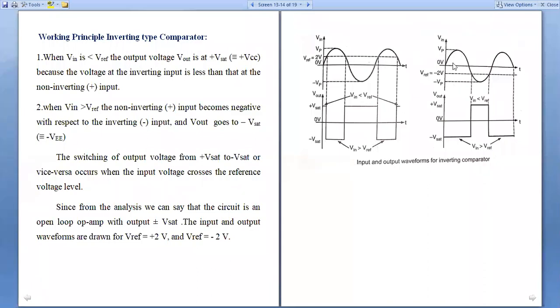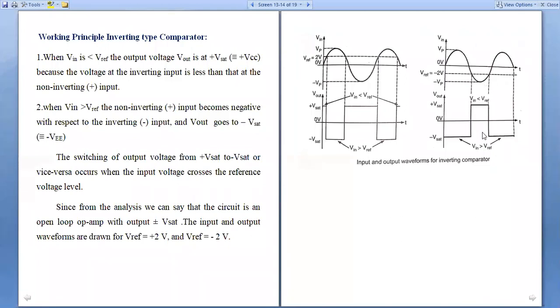And again, if we apply a reference voltage of minus 2 volts here, we can see that if the input voltage is greater than the reference voltage, we get a negative saturation condition, and if the input voltage is less than the reference voltage, we get a positive saturation condition.